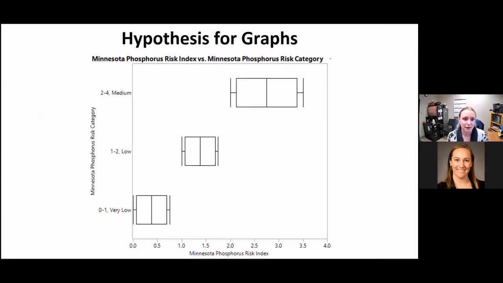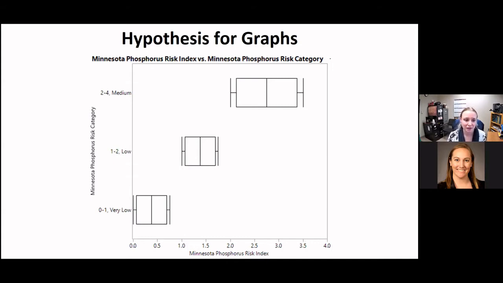And the hypothesis for these graphs that I had, based on what I would expect these graphs to look like, is this. According to the MNPI model, very low is defined as having an MNP risk index of between 0 to 1. So I would expect the data to be somewhere in that range. Low is between 1 and 2 MNP risk indices.